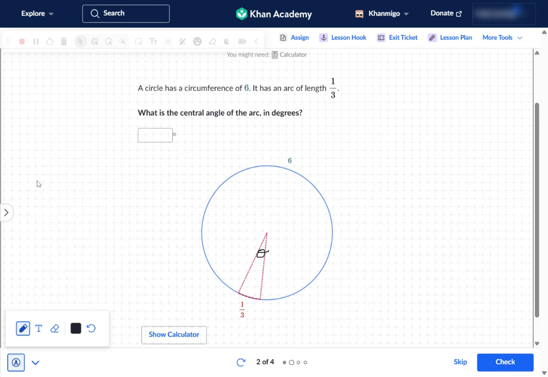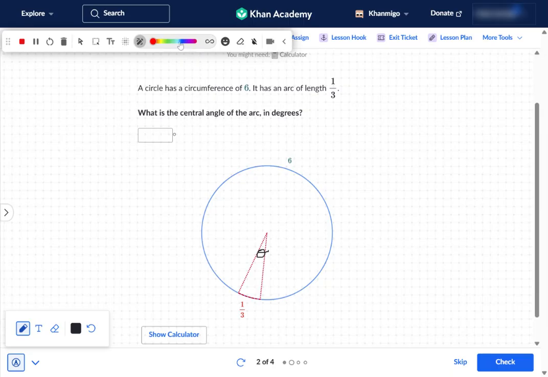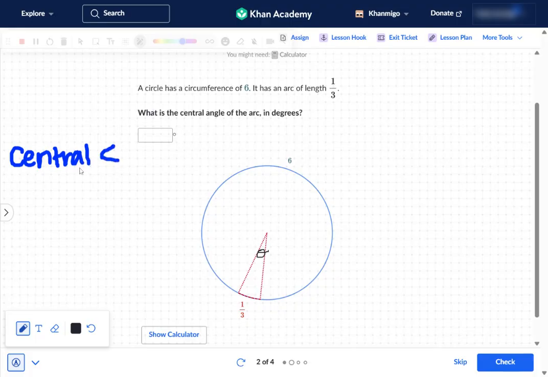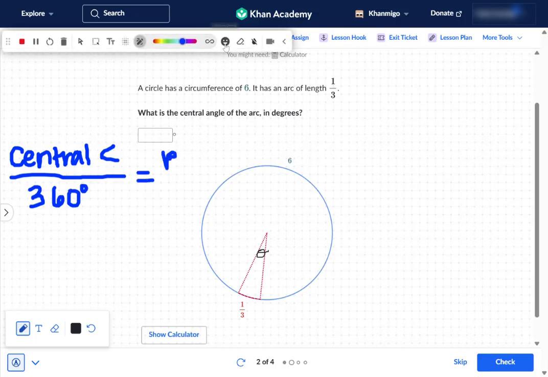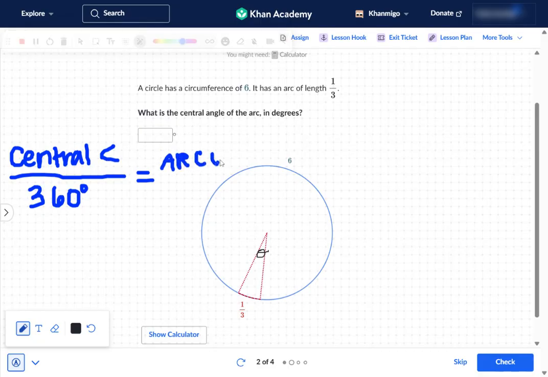Just a reminder for our formula, how we set this up from what we learned in class: our central angle divided by 360 degrees, it's like a ratio, is equal to the arc length divided by circumference.